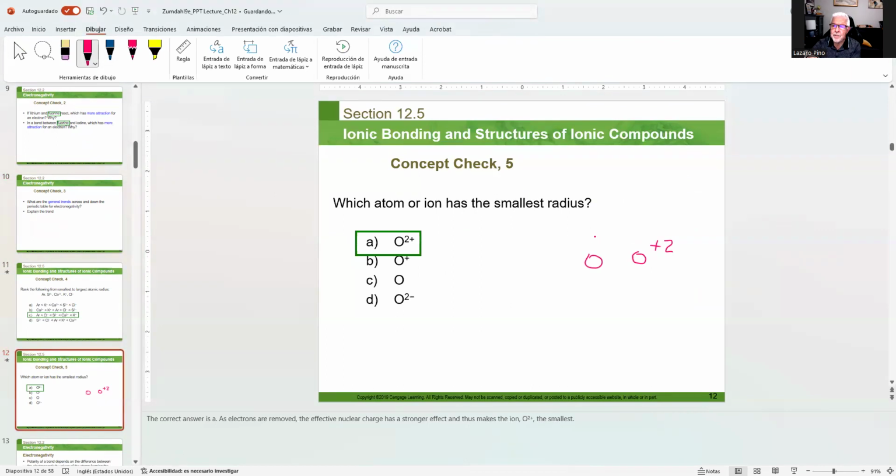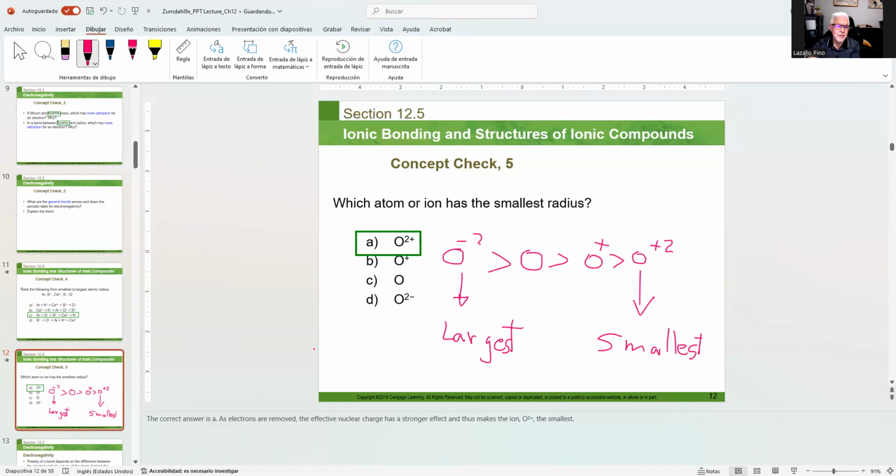Oxygen positive is higher, then the radius is bigger, and oxygen is here, and oxygen minus 2 is the largest. This is the largest radius, and oxygen plus 2 is the smallest radius. This is the answer for this question.